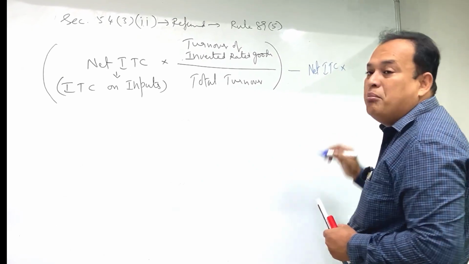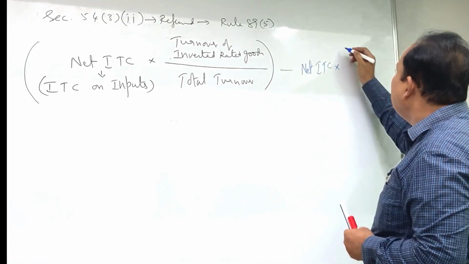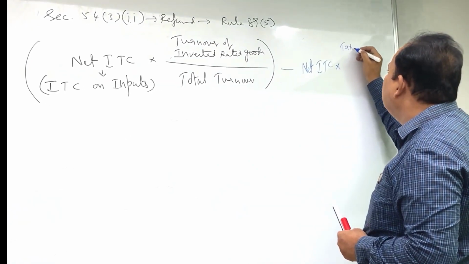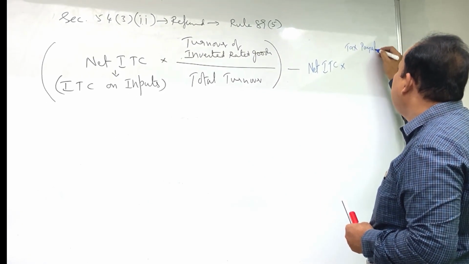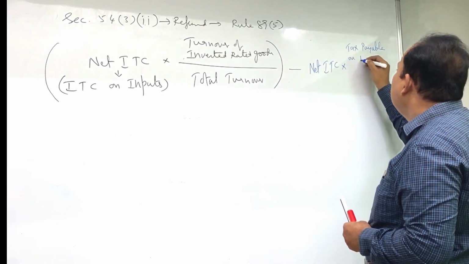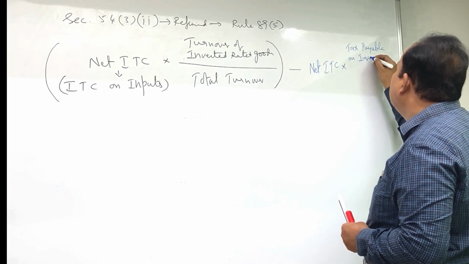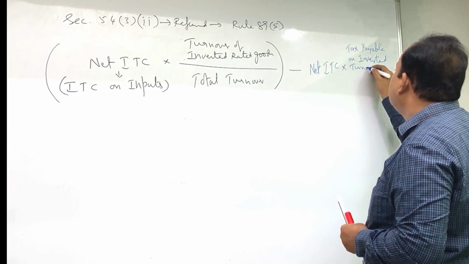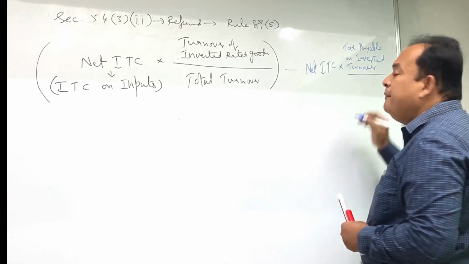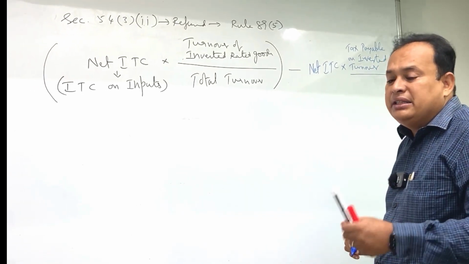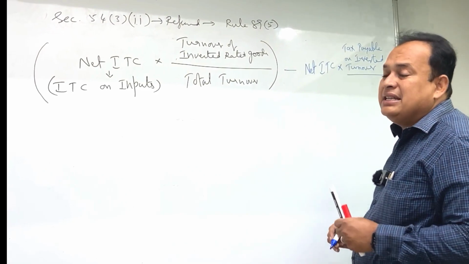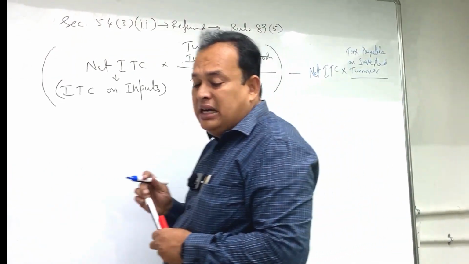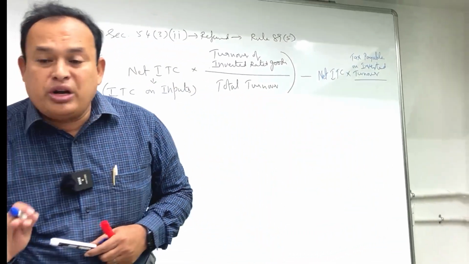Multiply with tax payable on inverted turnover, divided by the total ITC availed on inputs and input services only.